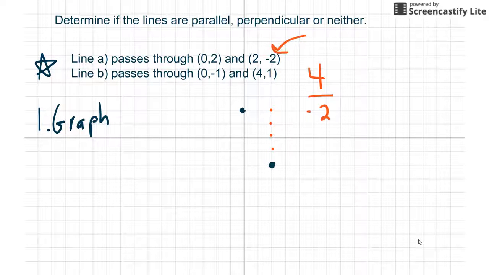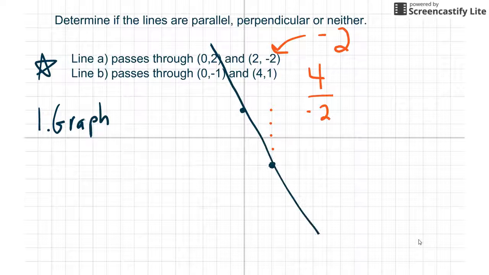So when I simplify that, this top line, the slope is negative 2. Then I'm going to go ahead and draw that line. Okay, so there's my first line. My second line says it passes through 0, negative 1.